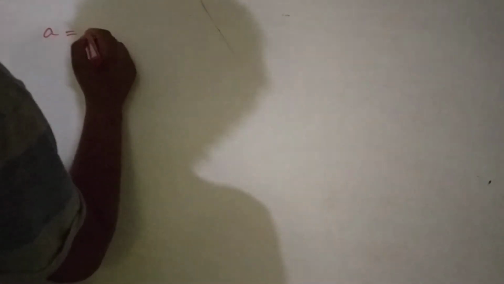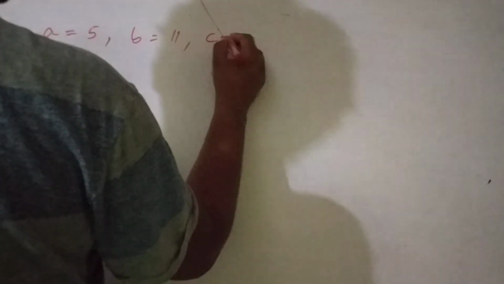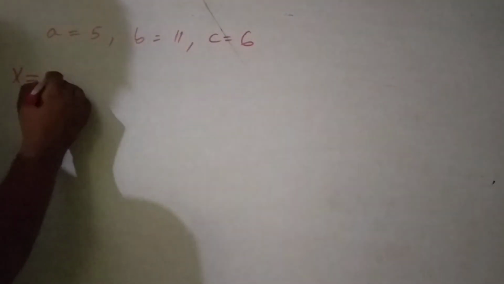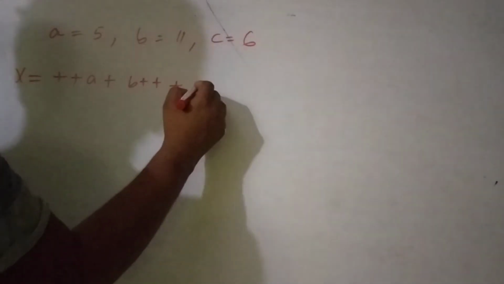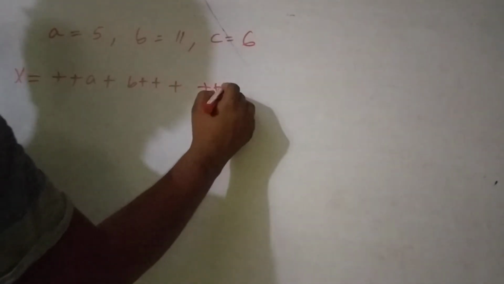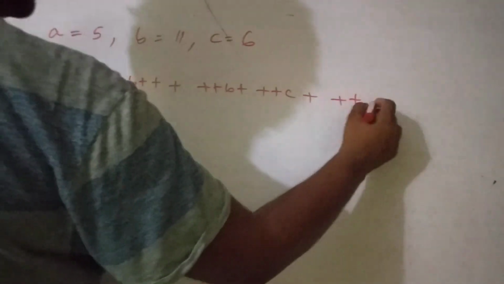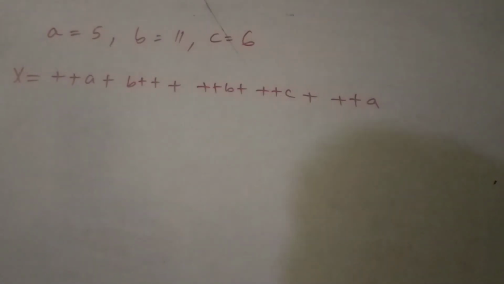So let us do some examples. Suppose the value of A is 5, the value of B is 11, and the value of C is 6. Calculate x is equal to plus plus A plus B plus plus plus plus plus D plus plus plus C plus plus E. Now let us find the value of x.